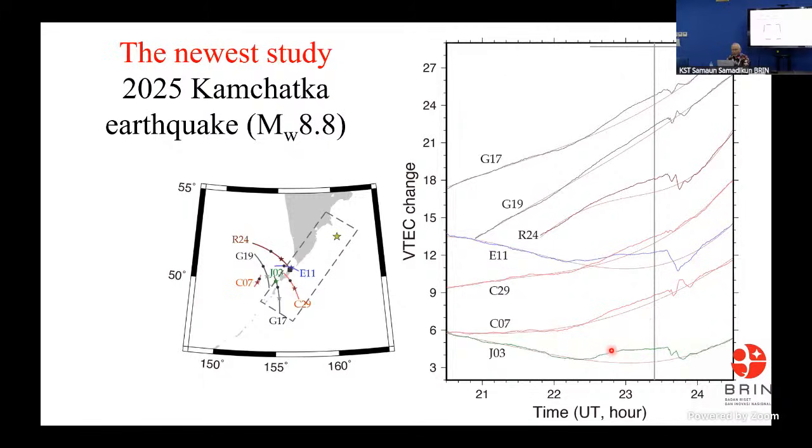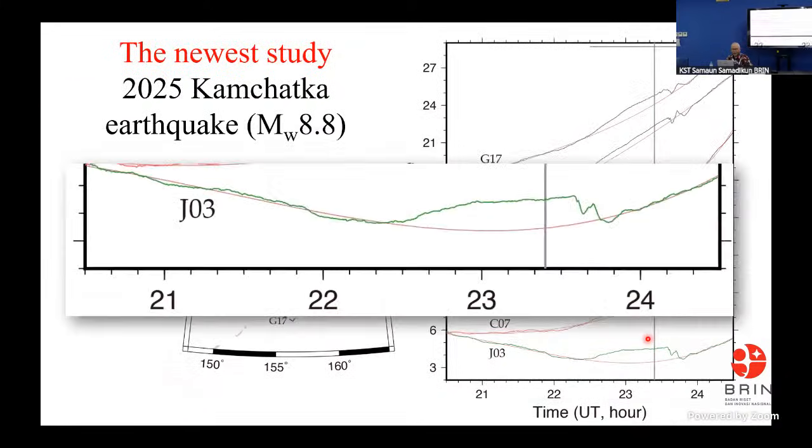You can see a very similar signal starting about 50 minutes before the earthquake, and a slow increase of TEC, and recovery after the earthquake, together with the co-seismic disturbances. So maybe we are writing a paper on this topic a few months later. Okay, so this is a signature very close to the case of the Tohoku earthquake in Japan.